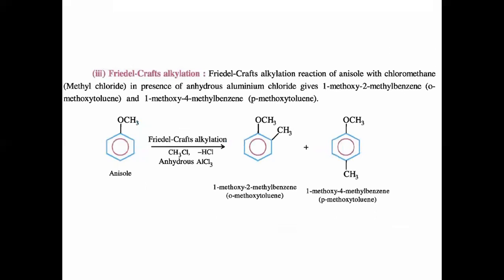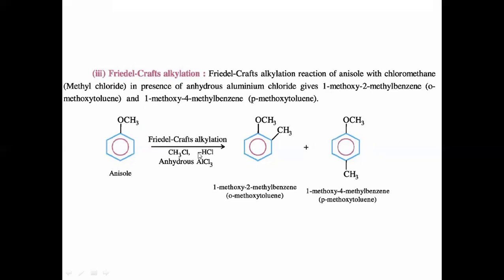Friedel-Crafts alkylation process. The Friedel-Crafts alkylation is the reaction of anisole with chloromethane in the presence of anhydrous aluminum chloride, that is AlCl3, which gives 1-methoxy-2-methylbenzene or ortho-methoxytoluene and 1-methoxy-4-methylbenzene, that is para-methoxytoluene.